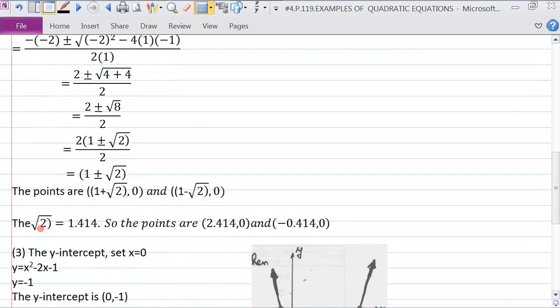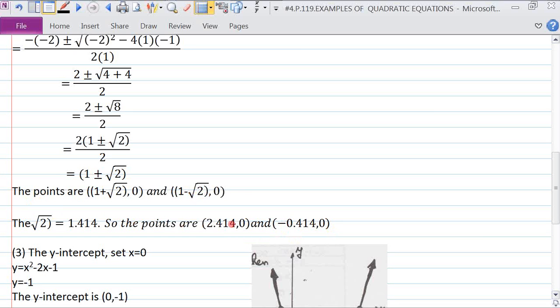And the root of 2 is 1.414, so when we add 1 plus 1.414, we get 2.414, 0. And the other root is 1 minus root 2, the x value. 1 minus 1.414 gives us minus 0.414.